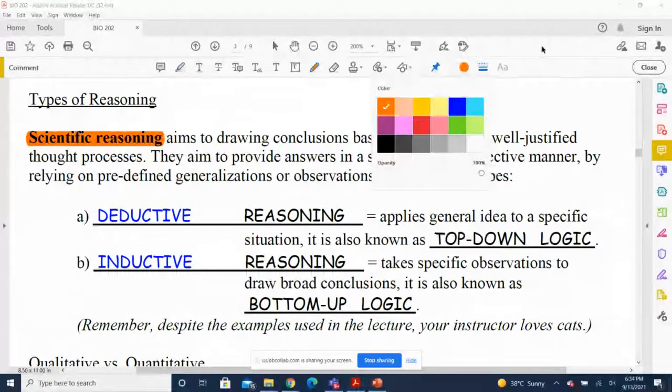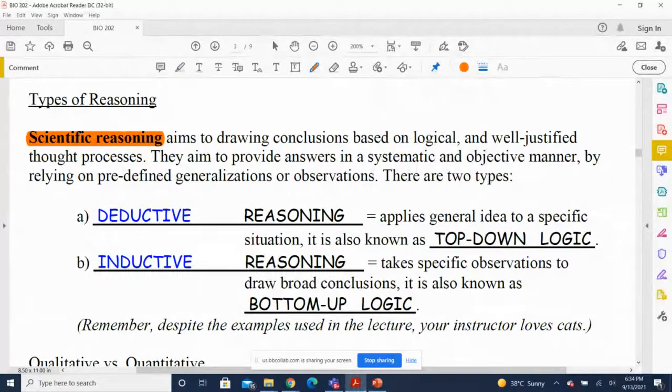So we're really trying to be as objective as possible when we do scientific reasoning. And there were two approaches to this. In deductive reasoning, we took a general idea of something and applied it to a specific situation.